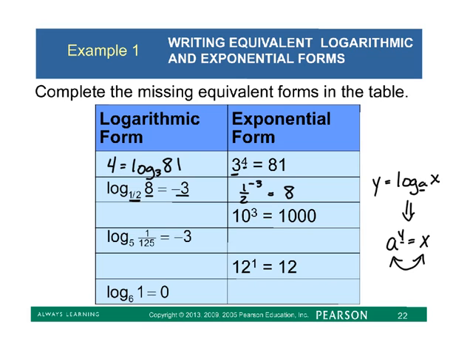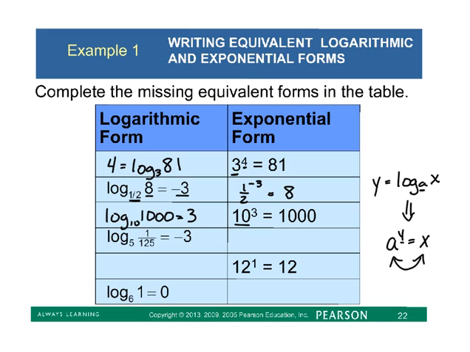Okay, the next one, again, we're asked to change this exponential form into the logarithmic form. So our base is here, 10. So we're going to get log base 10 of 1,000 equals 3.